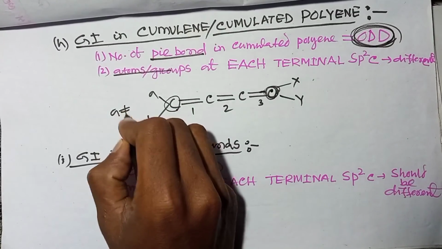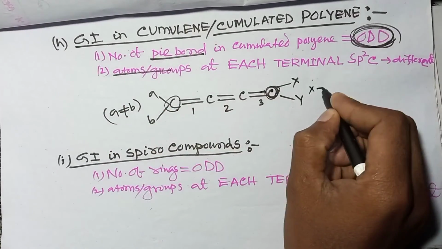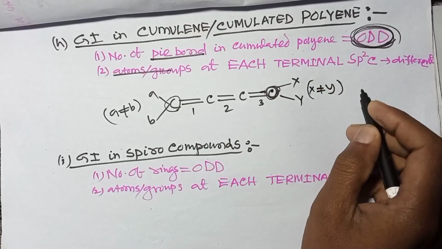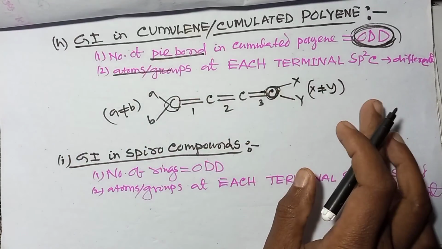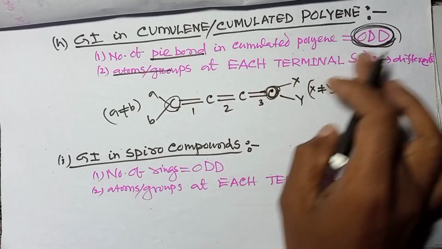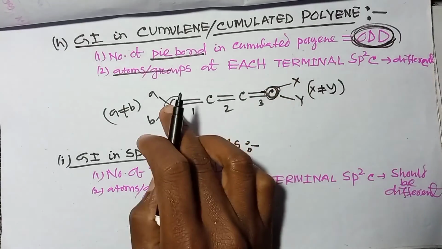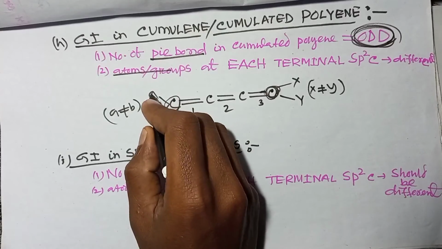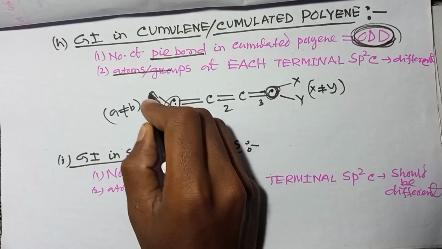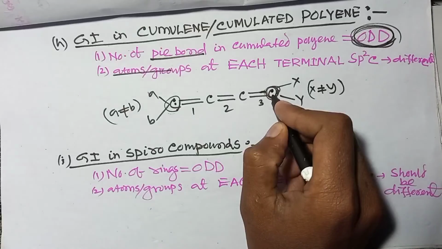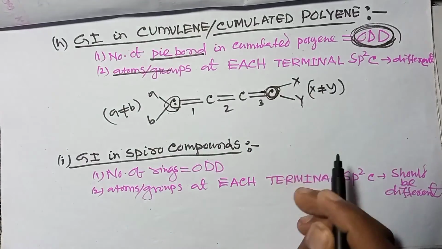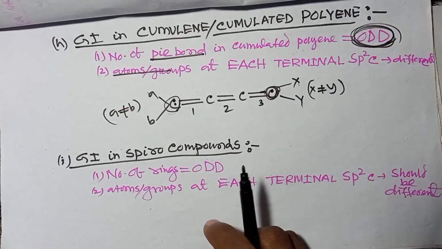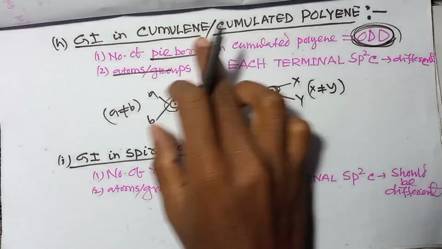That means a should not be equal to b and x should not be equal to y. These are the two conditions. The number of pi bonds should be odd, and each terminal sp2 hybridized carbon should be connected to different groups. This is the condition for geometrical isomerism in cumulene.